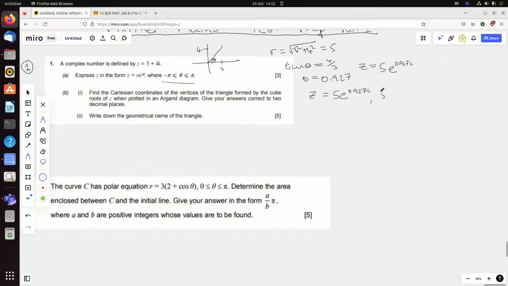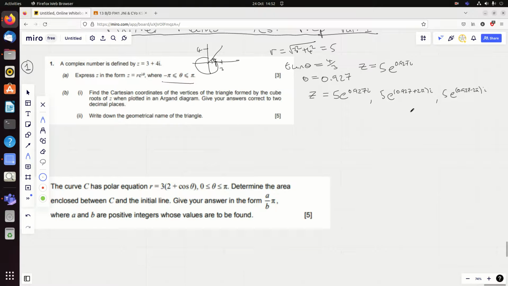So I'm just going to write down other possibilities for z right now, because all this is going to do is rotate this 2 pi radians or 360 degrees. So it's definitely going to be the same complex number. So I'm going to write it down as 5e to the 0.927 plus 2 pi i, and then 5e to the 0.927 minus 2 pi i.